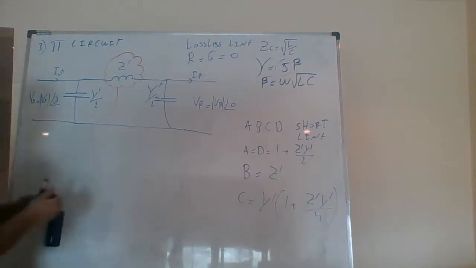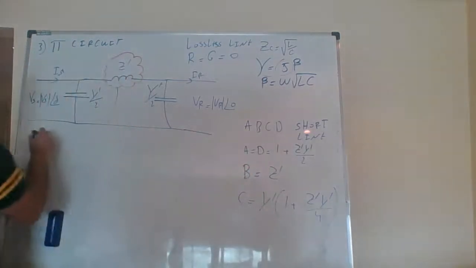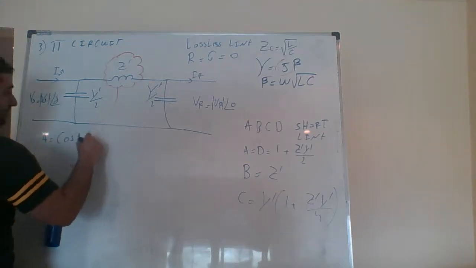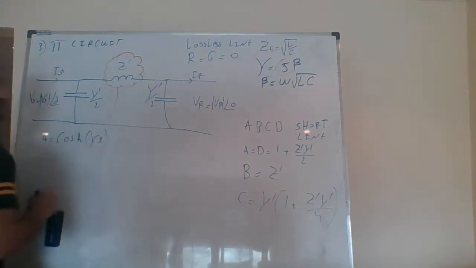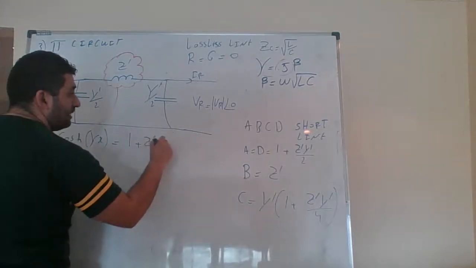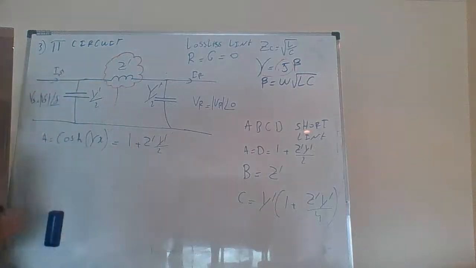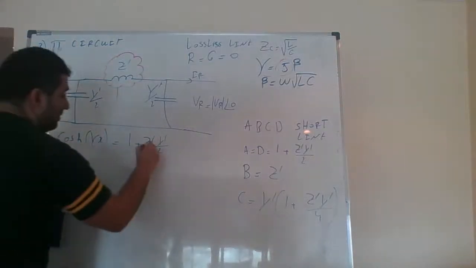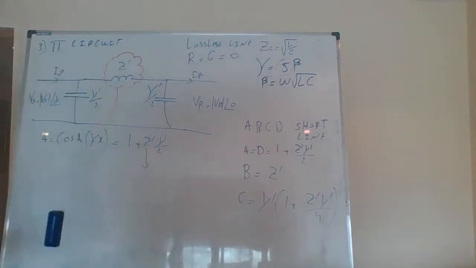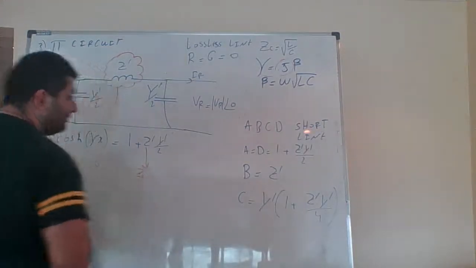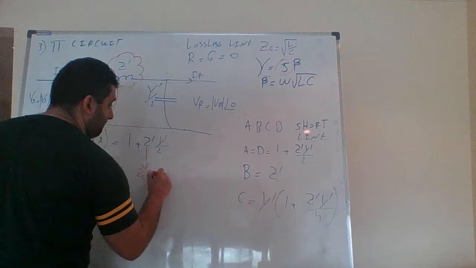Look guys, I look at this one, A, it's equal to cosine hyperbolic x, which is equal to 1 plus Z dash Y dash over 2. Z dash, we already found to be ZC sine hyperbolic.